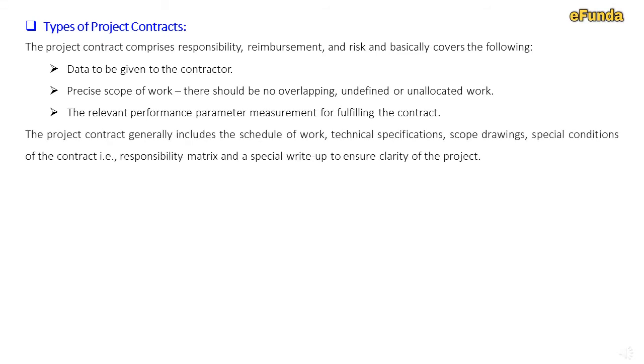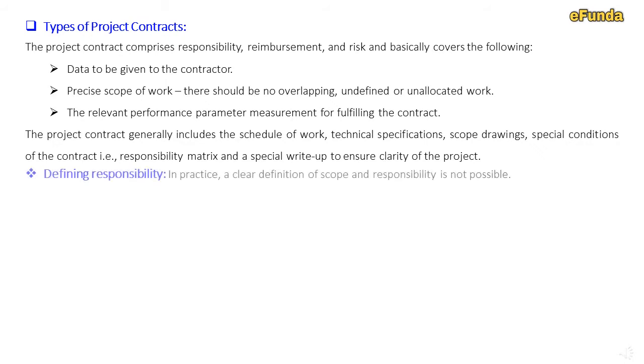The project contract generally includes the schedule of work, technical specification, scope drawing, special conditions of the contract, that is a responsibility matrix, and a special write-up to ensure clarity of the project scope.